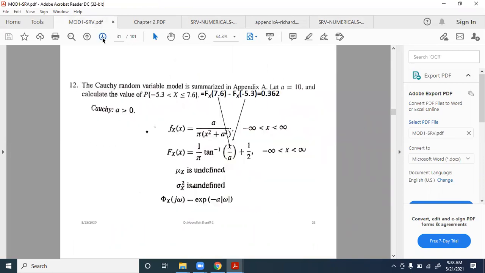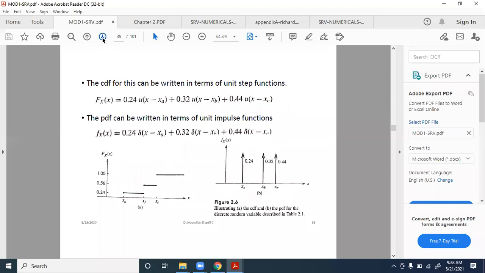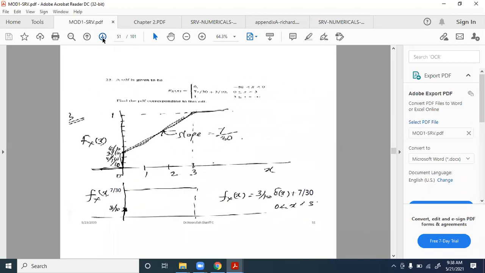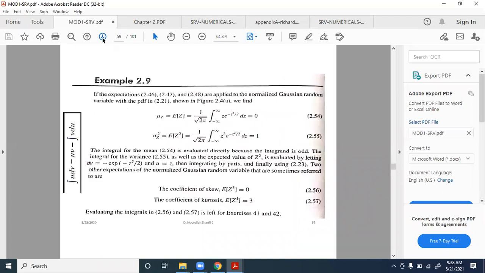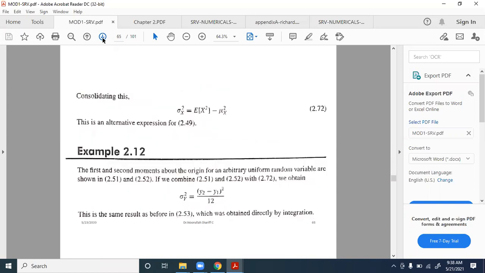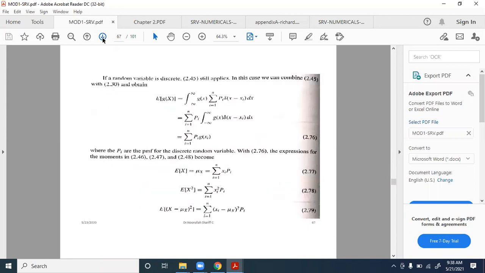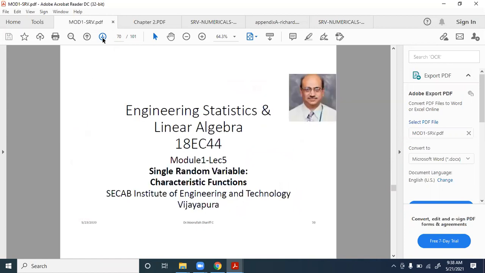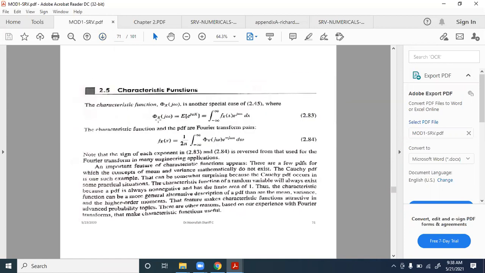Yes, we can see that we have written phi x of j omega is equal to the expectation of e to the power of j omega x. Phi y of j omega will be the expectation of e to the power of j omega y. So we want this only, the expectation of e to the power of j omega x.